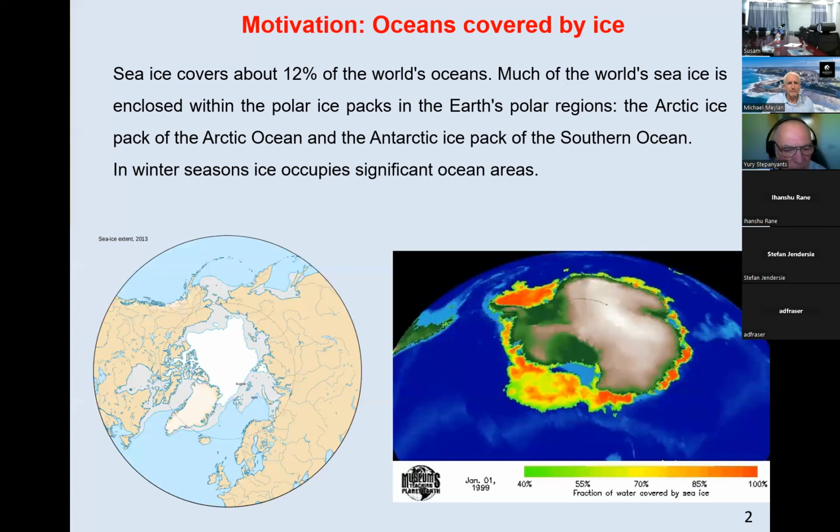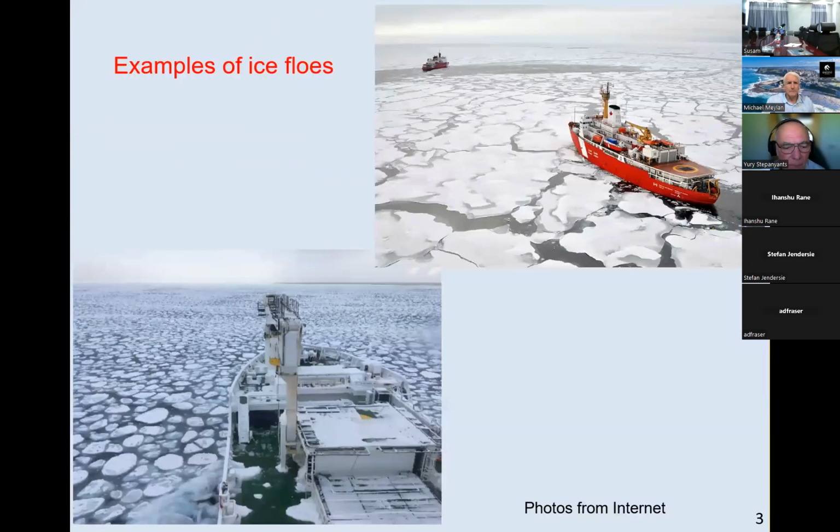So we have also in polar regions the so-called marginal ice zone, which is covered by broken ice and by floes. The properties of the floes can be very different.